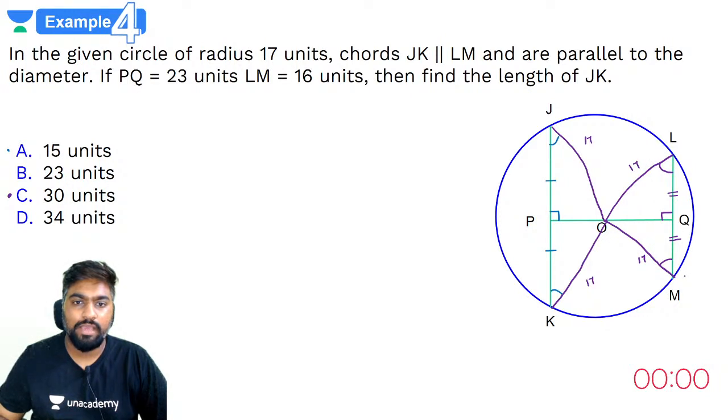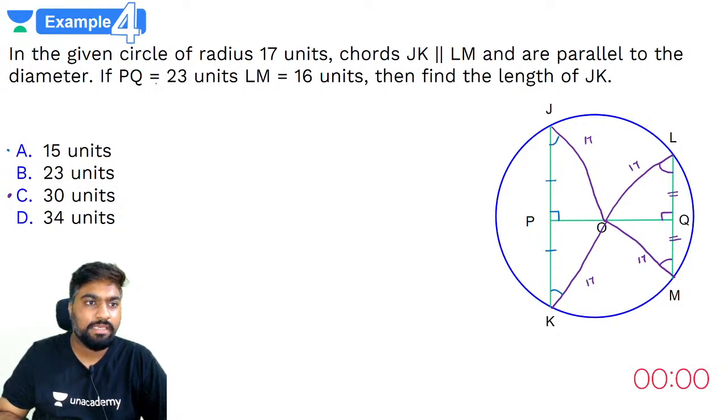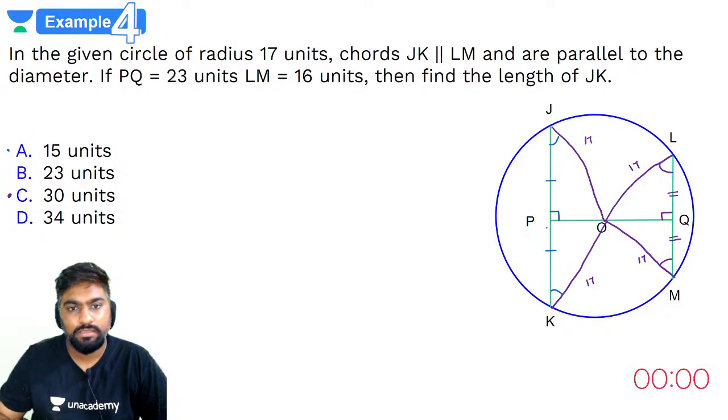OQL and OQM are congruent. They won't be similar because the 17 ratio is 1:1, so then. Now we've been given PQ is 23 units. Entire PQ is 23 units.